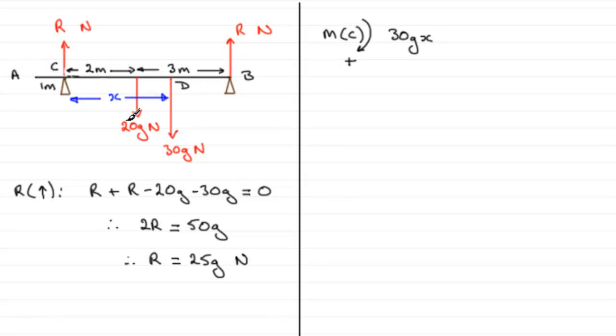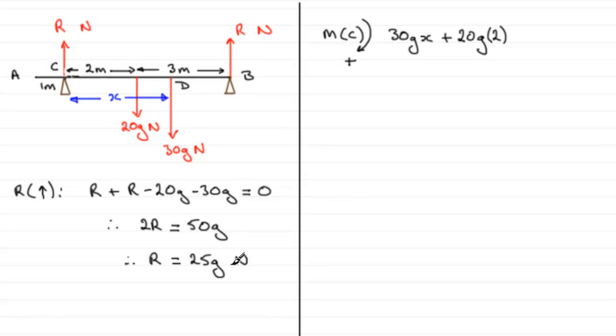When it comes on to the 20g, that too is going to turn it around C in a clockwise direction, so that will be positive. So it will be plus 20g, the force, times the distance to C, which is 2 meters. So 20g times 2.